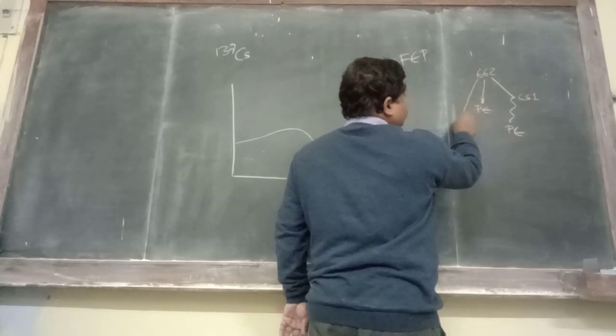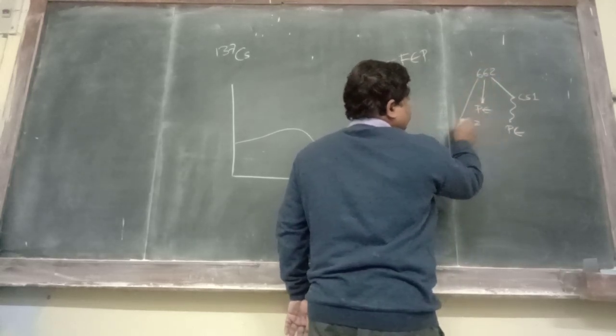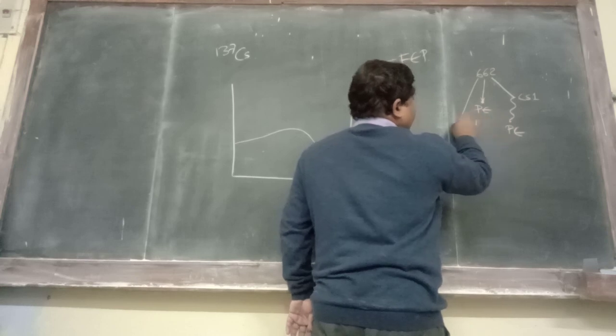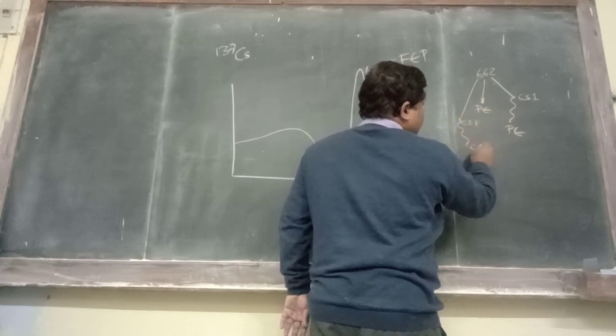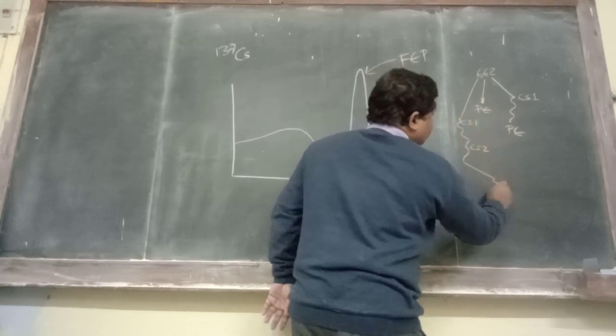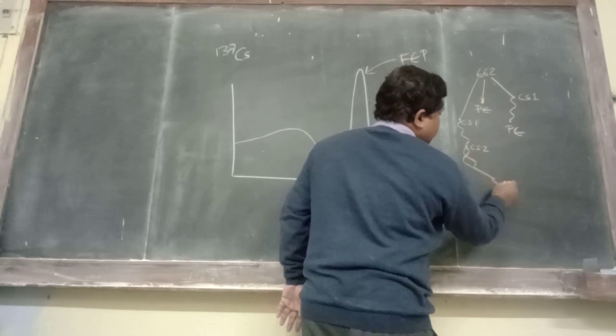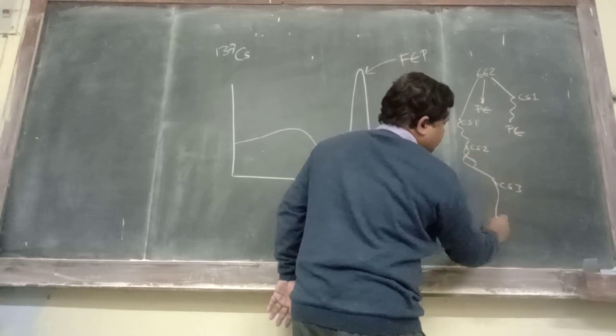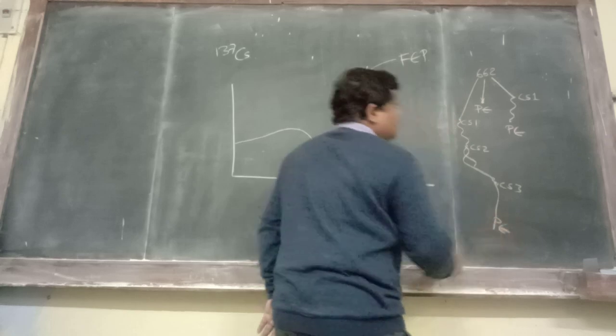Now there is another possibility. It enters the medium, it undergoes Compton scattering 1, again it undergoes Compton scattering 2, again in some other direction Compton scattering 3, and then it is absorbed by photoelectric effect.